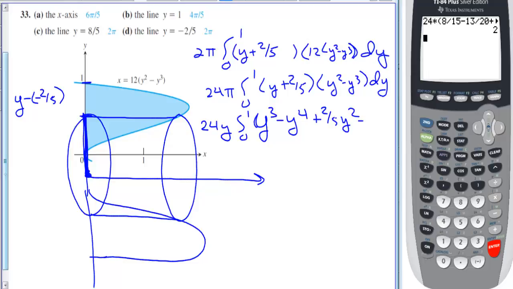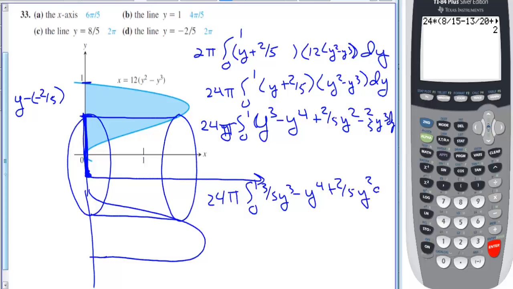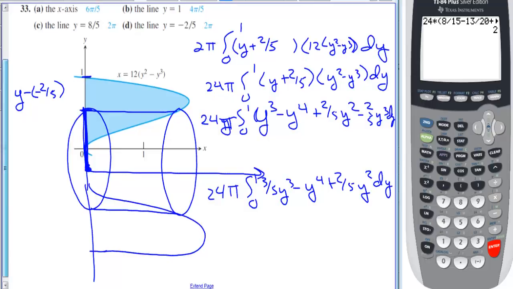And last, minus 2/5 y to the third, dy. So 24 pi, 5/5 minus 2/5 is 3/5, y to the third minus y to the fourth, plus 2/5 y squared, dy. Better get 2 pi again.